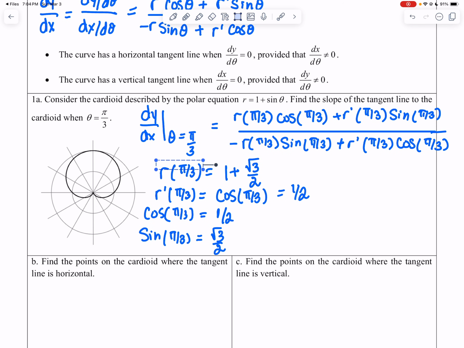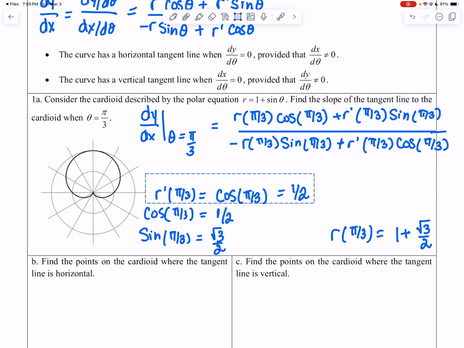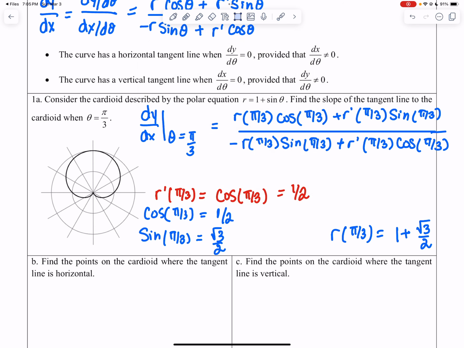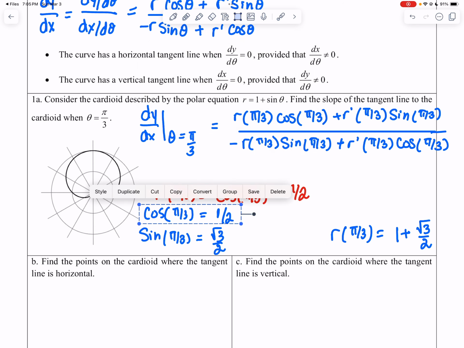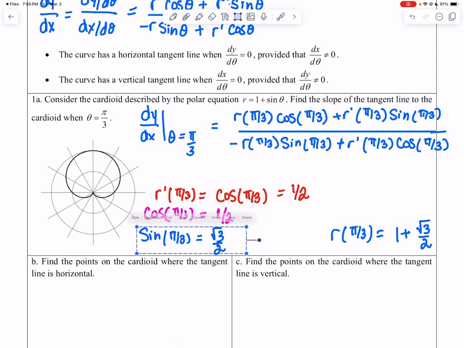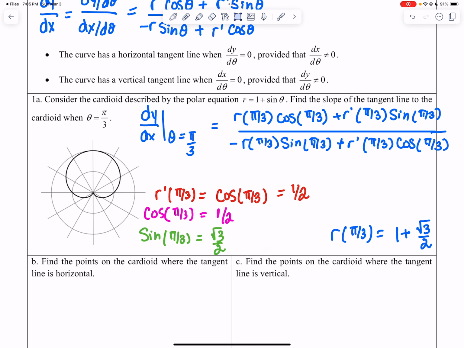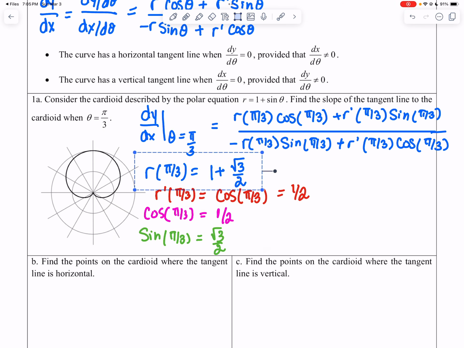I'm going to use different colors just so that you guys can see what's happening here. If I can. We'll see. Okay, so we have that. Let's use red. This one, I guess we could do pink. Then this one, we could do green. This one will be back to blue.